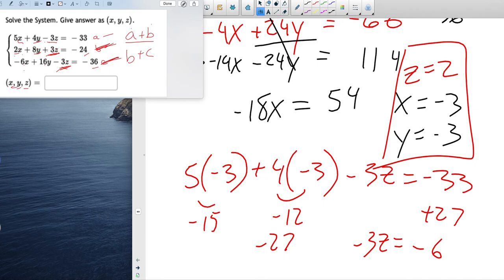2 times x, so 2 times negative 3, we know that's negative 6, plus 8 times y, negative 3, plus 3 times 2 equals negative 24. So these values work for x, y, and z here. I'm going to check it in this one. Negative 6 times negative 3 plus 16 times negative 3 plus negative 3 times 2, negative 36.